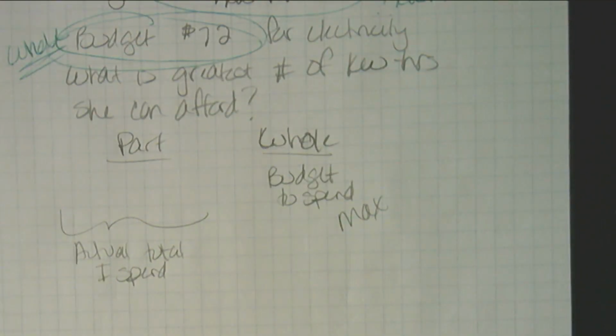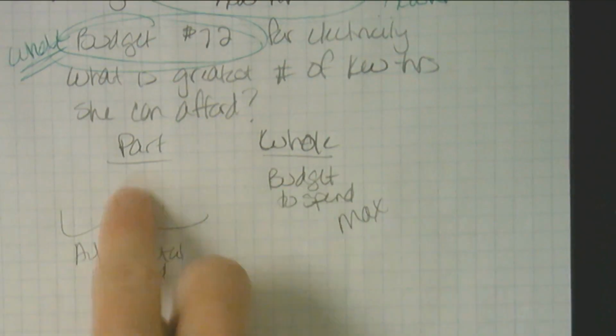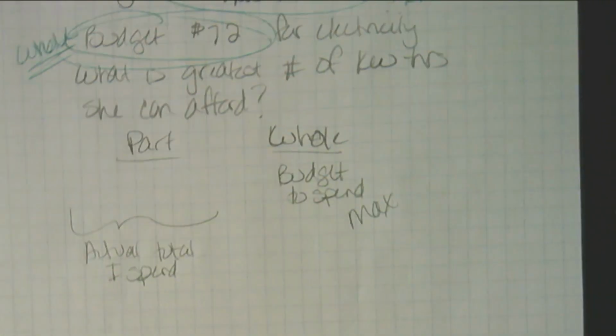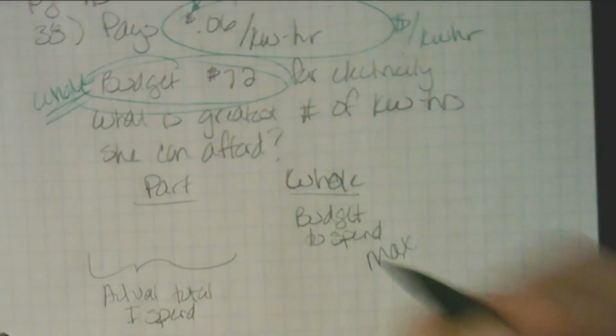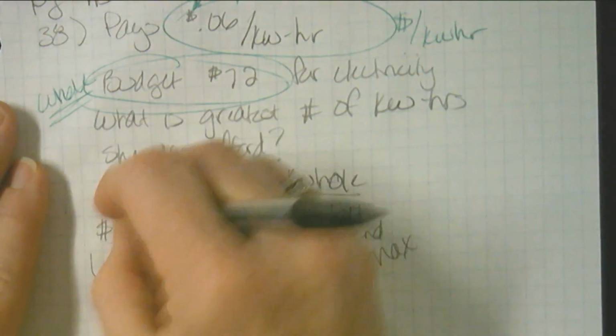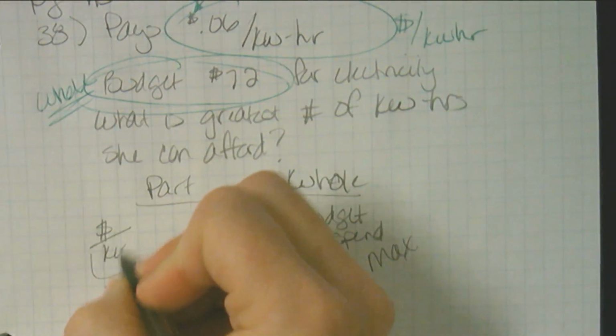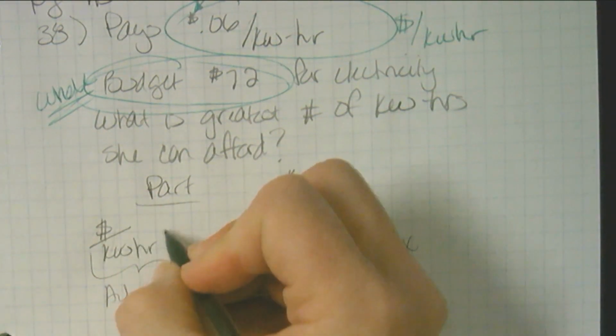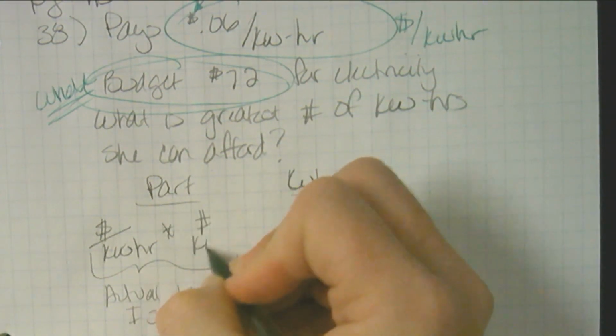All right, somebody tell me, how do I figure out how much money I spend on electricity? Kira? Excellent. Money per kilowatt hour, times my number of kilowatt hours.